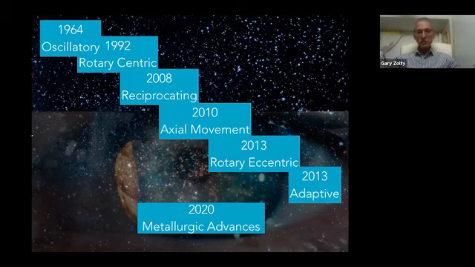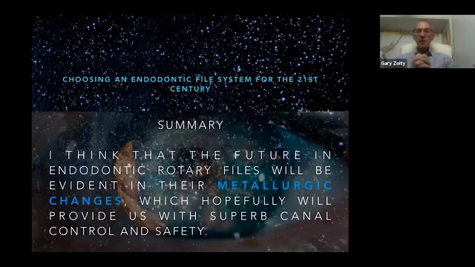So I think whatever system you're using, you should look and see that you have a file with loss of shape memory, because I think they should adapt to the canal a lot better. So that's my summary, is that hopefully with this future that we're facing now, we'll have superb canal control and safety within the file system.